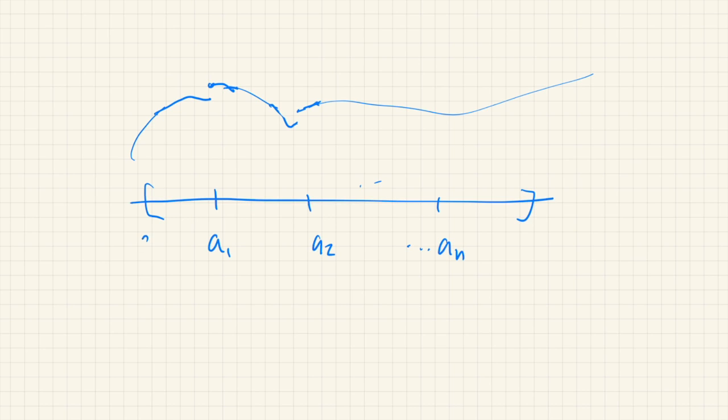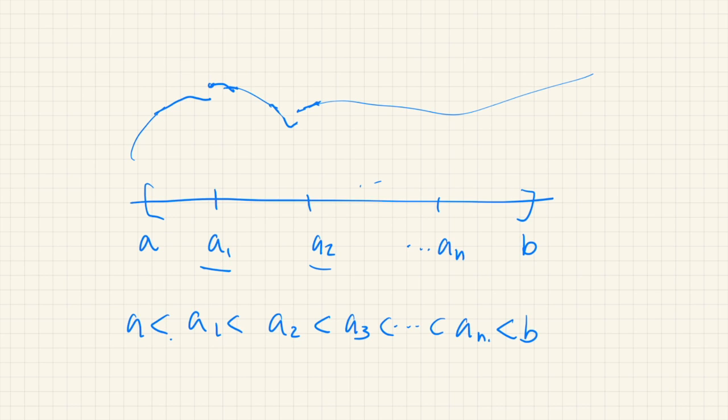So we consider a closed interval between a and b, and let's say a1, a2, and so on up to an are discontinuous points, such that a1 is less than a2, which is less than a3, and so on, with an and b and a.